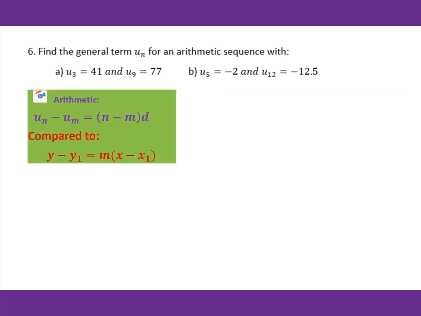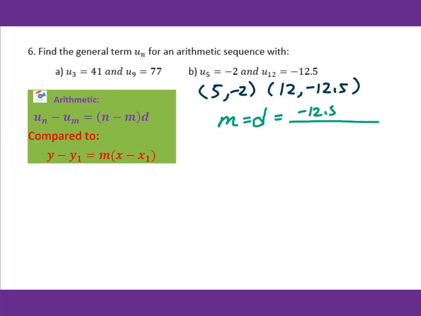Now let's go to B. U sub 5 equals negative 2 and u sub 12 equals negative 12.5. So we get 5, negative 2, and 12, negative 12.5. The slope, that's the common difference, equals negative 12.5 minus negative 2 over 12 minus 5, because we are doing y2 minus y1 over x2 minus x1 to get the slope.